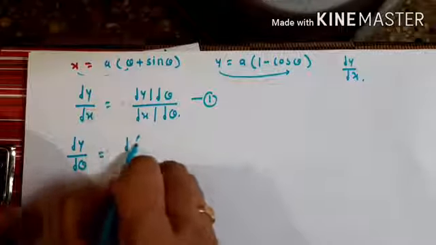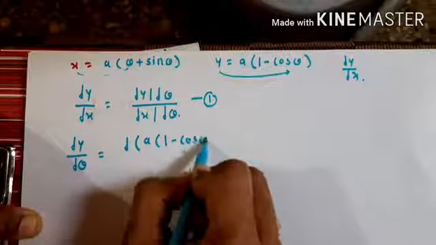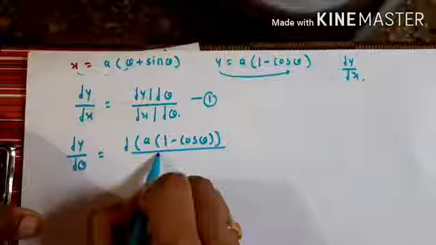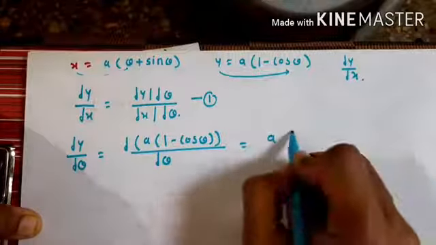Okay, this is one. Now find out dy by d theta, means differentiation of y with respect to theta. So what is the y function? That is a into 1 minus cos of theta with respect to theta. So here a is constant.